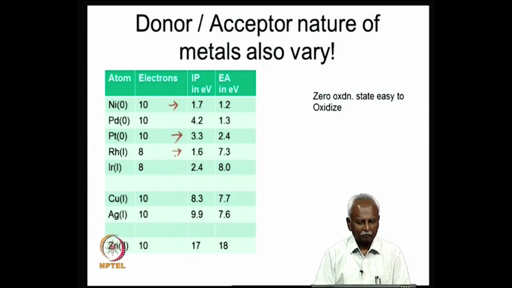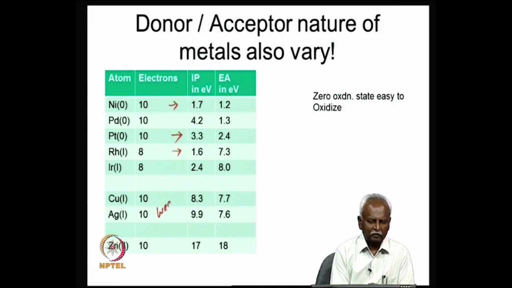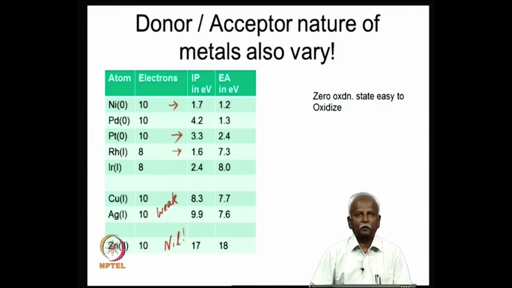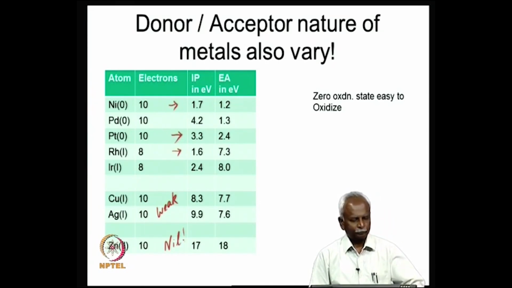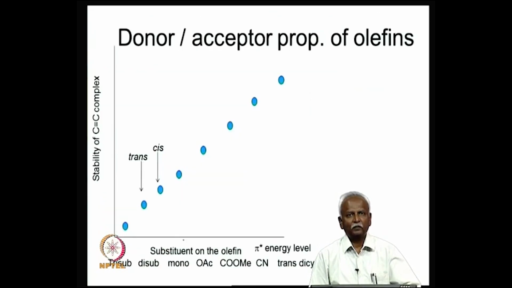Similarly, copper and silver, because they are positively charged, they are already oxidized, they have very high ionization potentials, they form weak complexes. So, these are systems where they have weak complexes and you have no complexes with zinc 2 plus. So, let us proceed further.